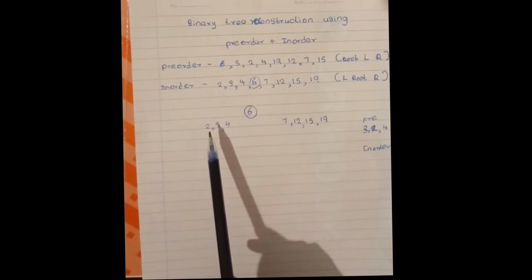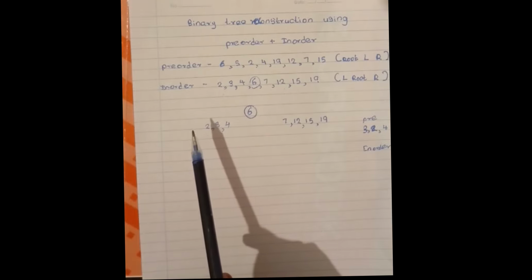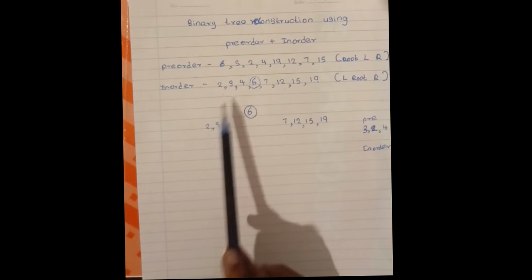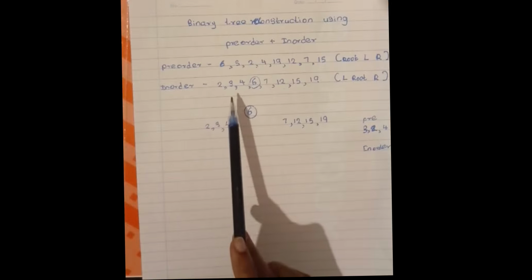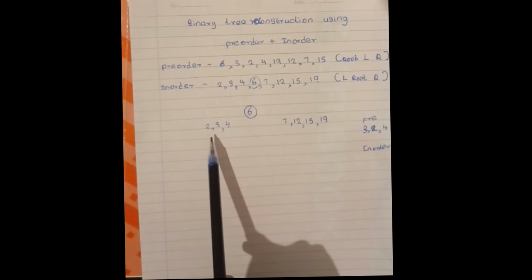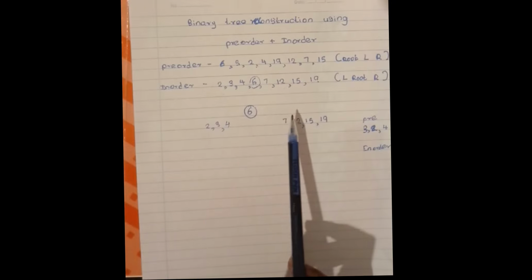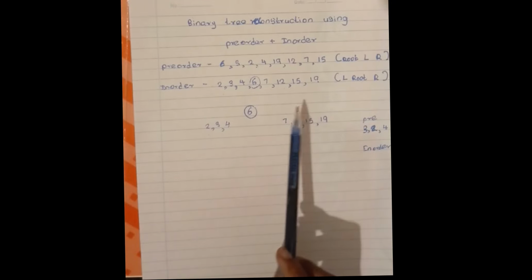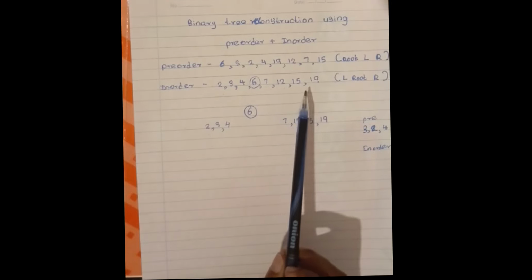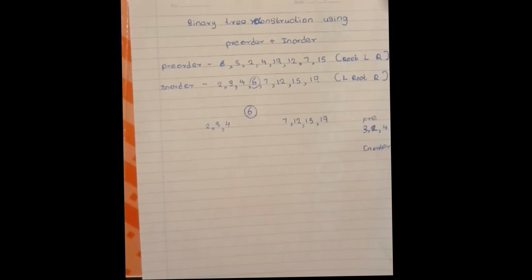To the left of 6, there are 2, 3, 4. And to the right of 6, 7, 12, 15, 19. This tells us which nodes belong to the left subtree and right subtree.